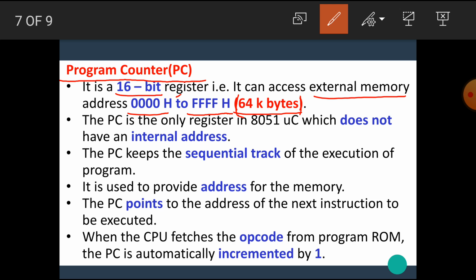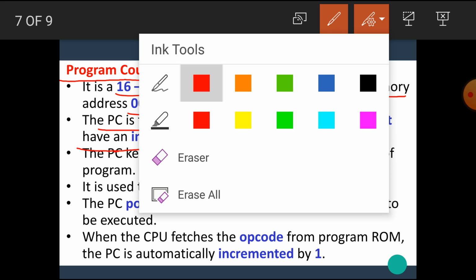Next, the PC is the only register in the 8051 microcontroller which does not have an internal address. The same thing we learned in the previous video when we saw the programming model of the 8051 microcontroller. There we also studied that the PC is the only register which does not have an internal address.